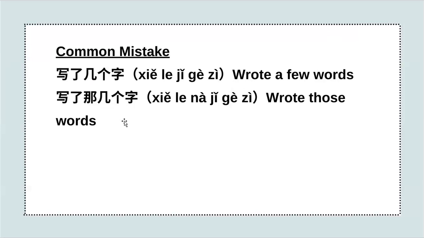So this is just so you have a very clear mindset about how to use 几个字 in which kind of situation, and how to use 那几个字. Okay, so that's all for my teaching today.